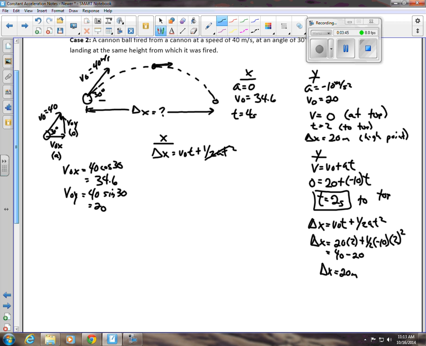Again, the acceleration is 0, so I can ignore that term. And I will just get delta x equals 34.6 times 4, and end up with a distance of 138.4 meters.